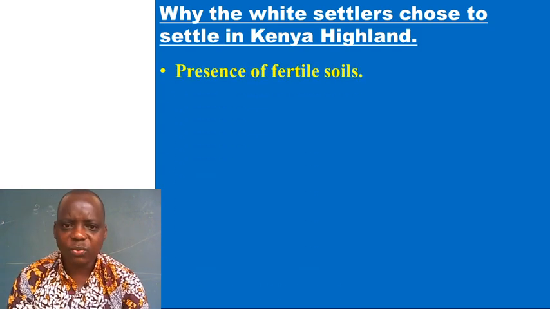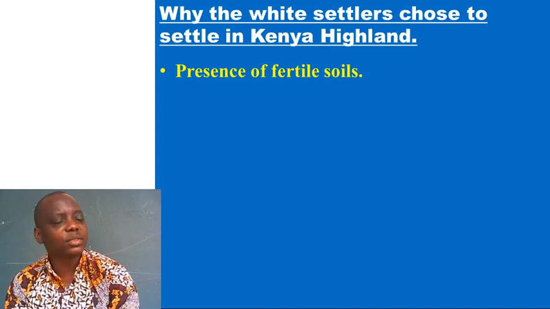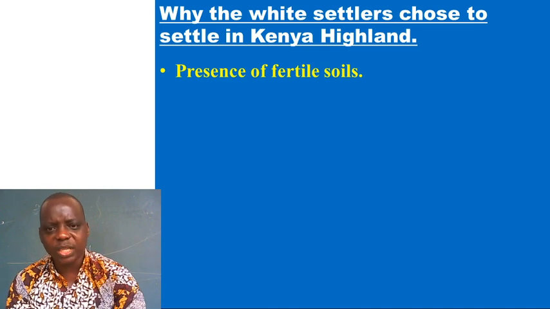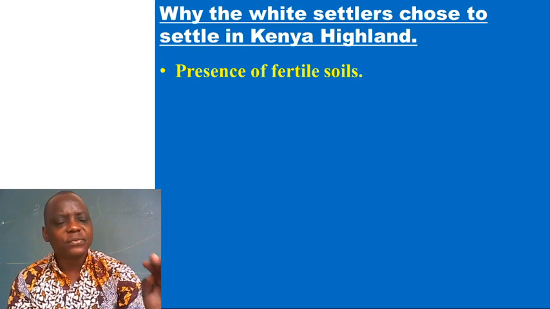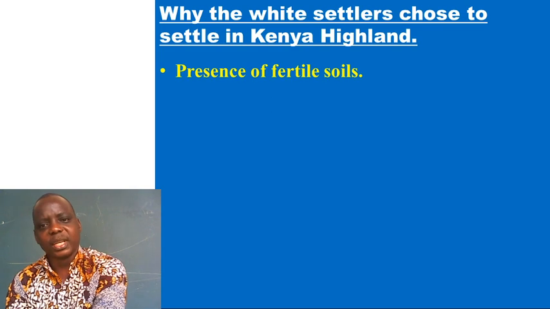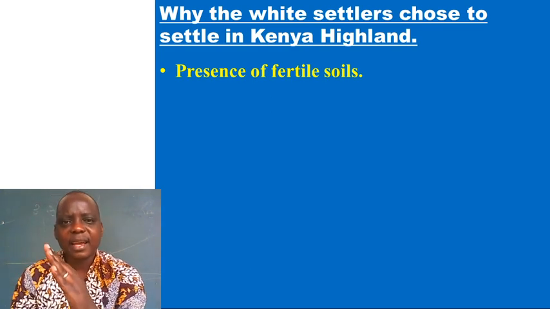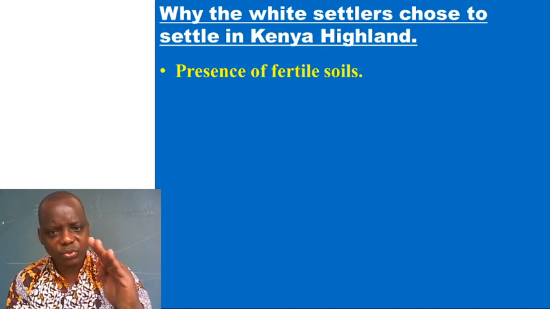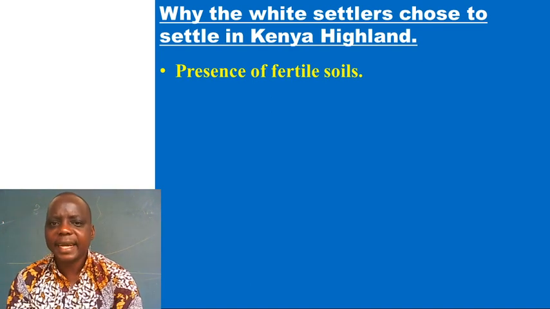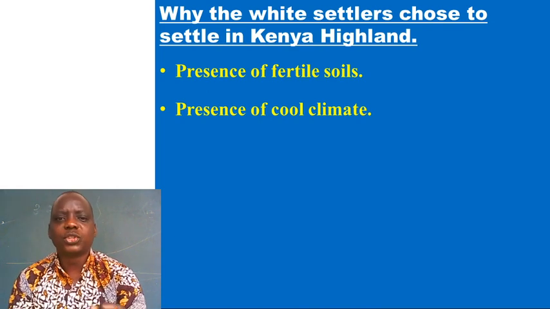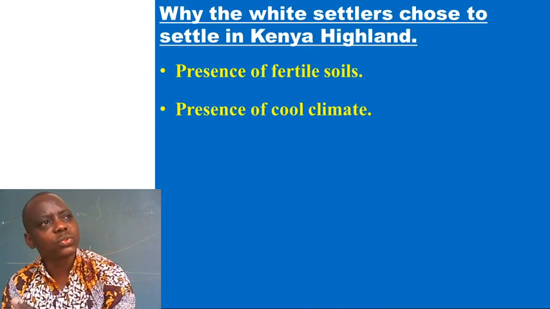Reasons being, one, there was presence of fertile soil. Fertile soil is what attracts farmers to settle in an area, because when the soil is fertile, there is assured production of food. So these people chose to settle in the Kenya Highlands because of the presence of fertile soil. Two, the climate was cool.